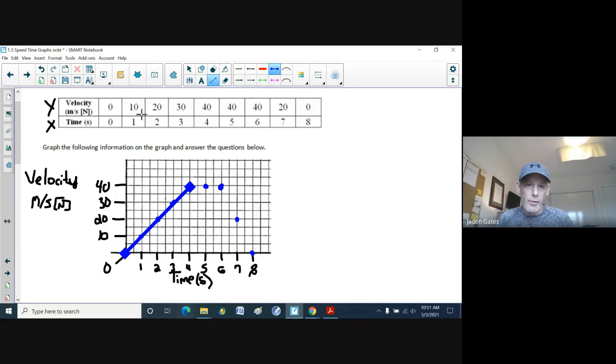Well, that's a kind of aggressive line, so I'm going to go with my normal line here. There's our graph. Let's get that fixed up. There we go. Nice straight across. And down we go. All right, so there's our velocity time graph.